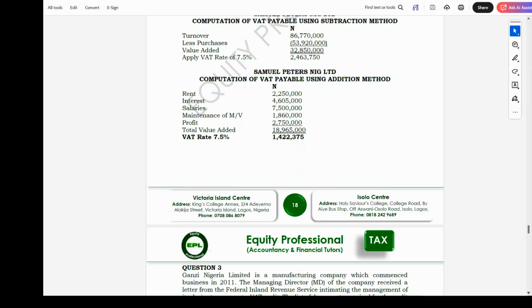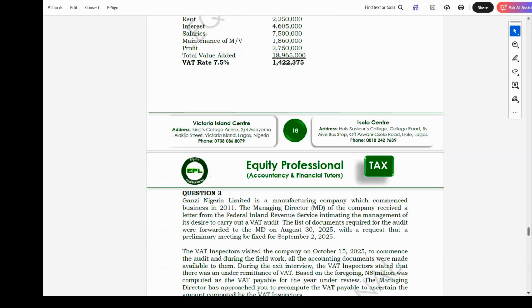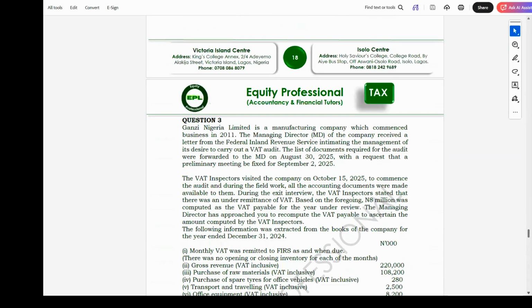We also have another question, which is related to question 3. I think it was a last diet question. Nigeria Limited is a manufacturing company which commenced business in 2011.